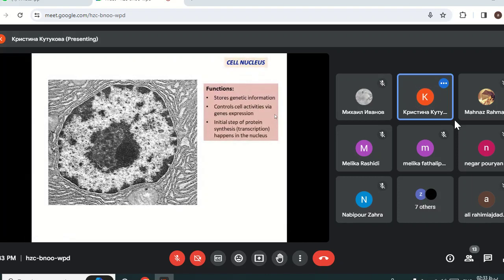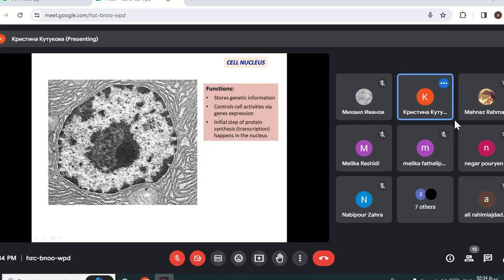It means that all the cells of our body have the same number of genes. So every cell have the same genes, but different cells look different and they perform different functions. How it can be so if they have the same genes? It's the result of different expression of genes.